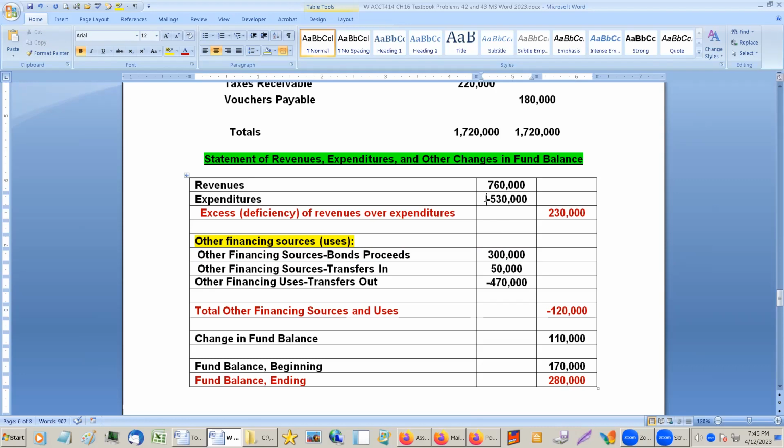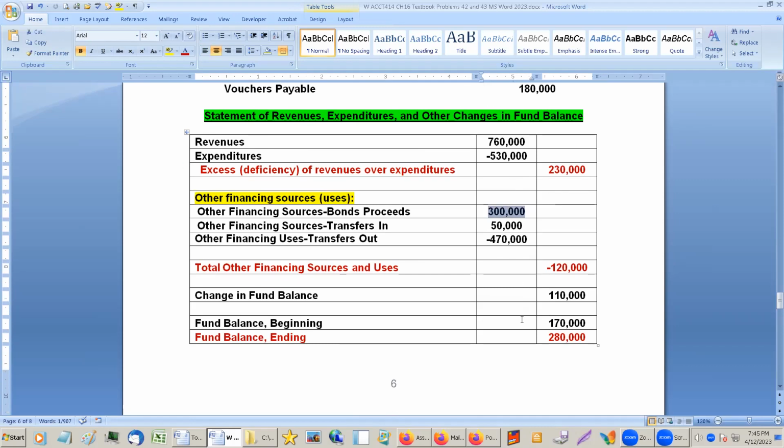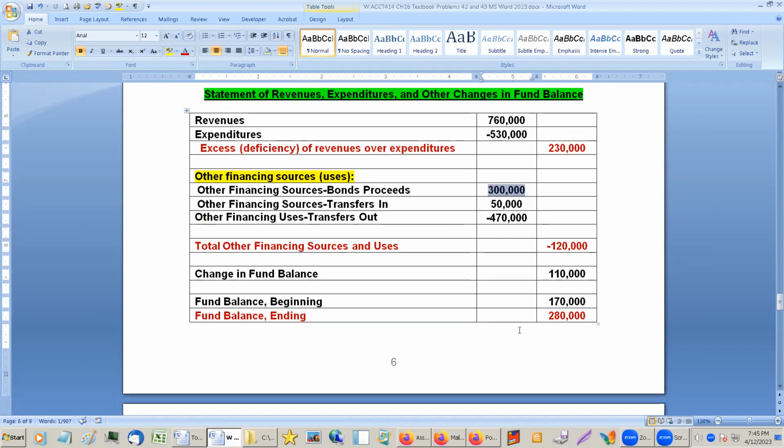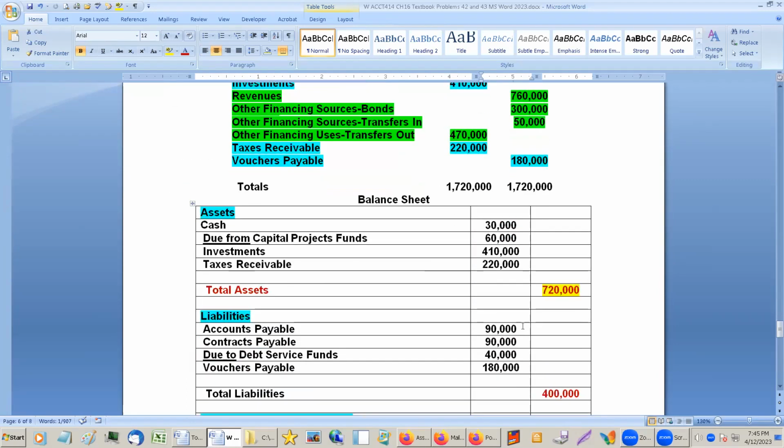So you know, up here you buy a building, it's not an asset, it's the expenditure. Borrow for 30 years, it's not a liability. Money coming in. Okay, question on that?